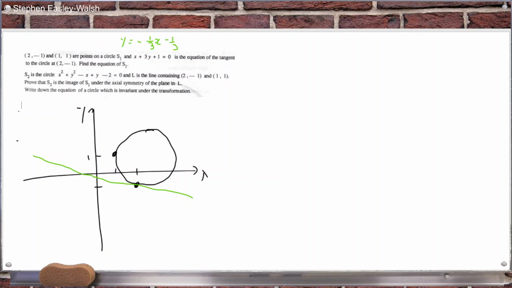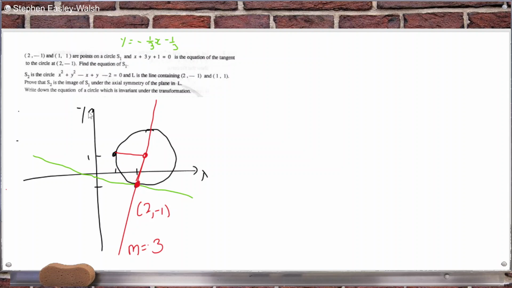The slope of this perpendicular line is 3. And this is the point 2, -1. So we need to move up so that the distance here and here is equal.